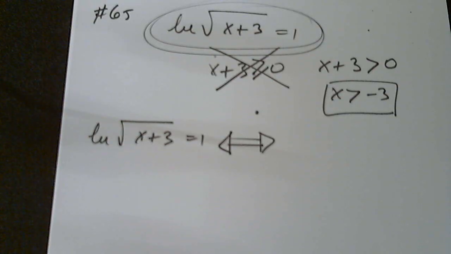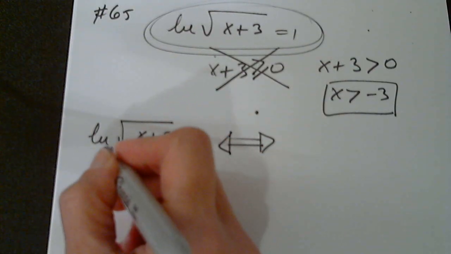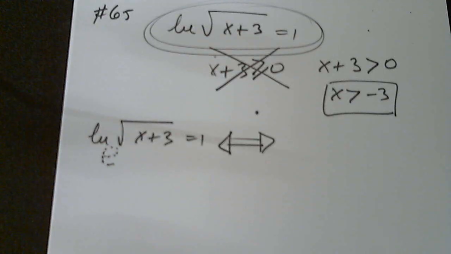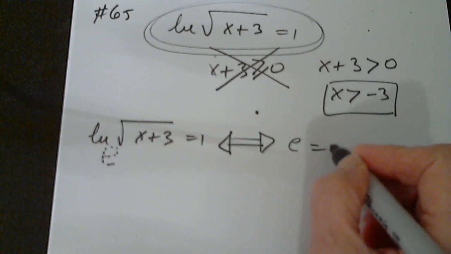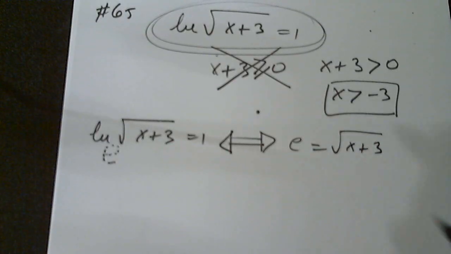It's the same key with e to the x. And there is a reason why. Because natural log and e to the x have the same base. So this is base e, we don't write it. So e to the first power equals this. So e equals the square root of x plus 3.